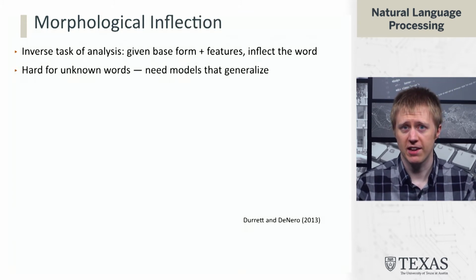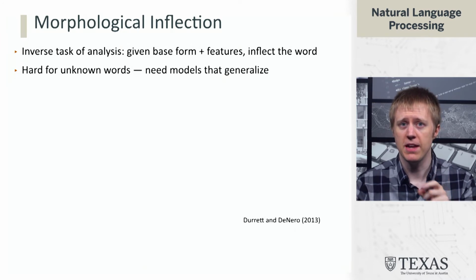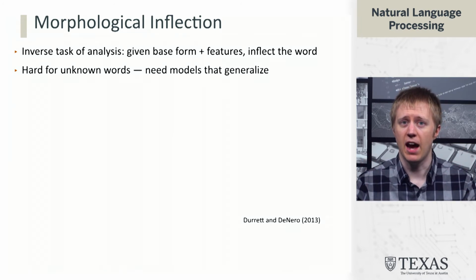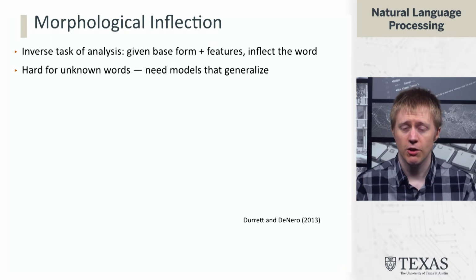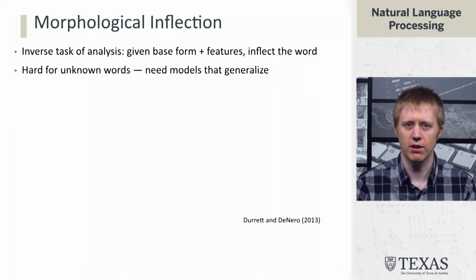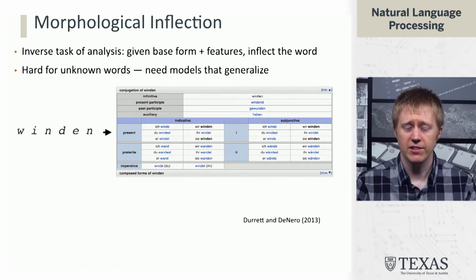We can also think about the task of what's called inflection, where you are given a base form of a verb. Say I tell you, here's the verb arriver in French, and I want the first person present singular form of this verb. Give me the inflection of it. A lot of times you could just look this up in a table, right? But we need models that generalize because there are lots of new words and new verbs emerging. If we're building a machine translation system, it would be helpful to know, in this context, what conjugation this verb should have.